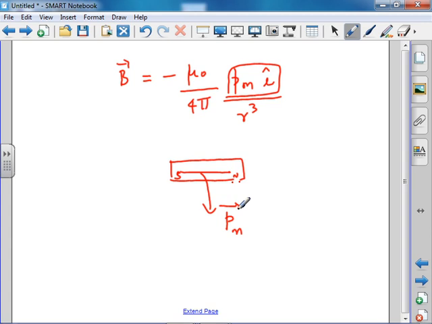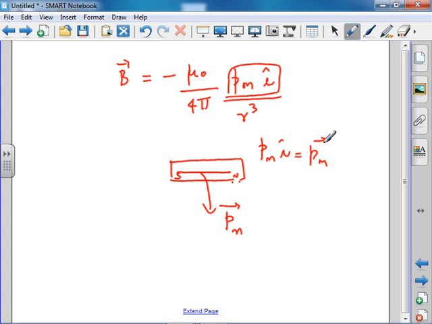And so here we replace Pm i cap with Pm vector.